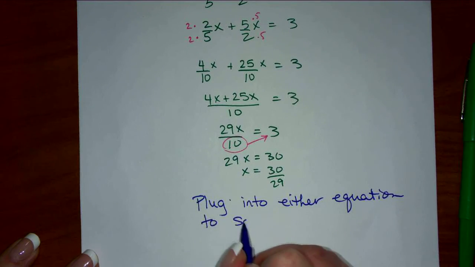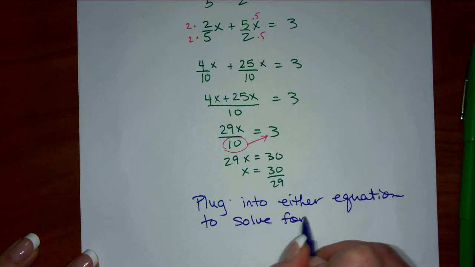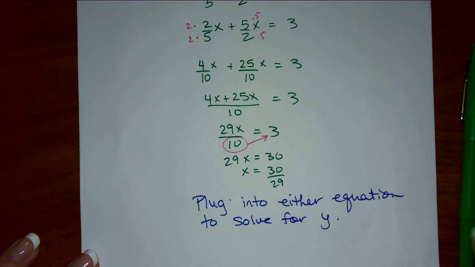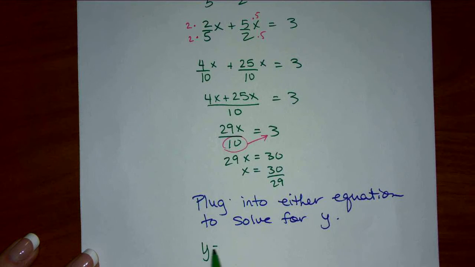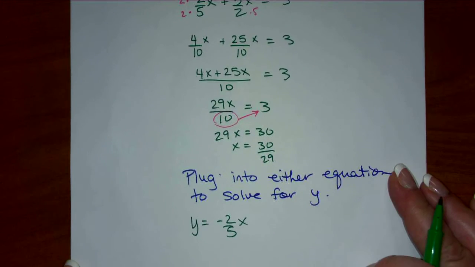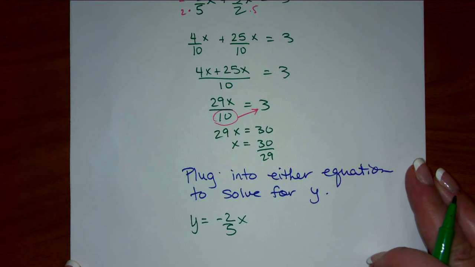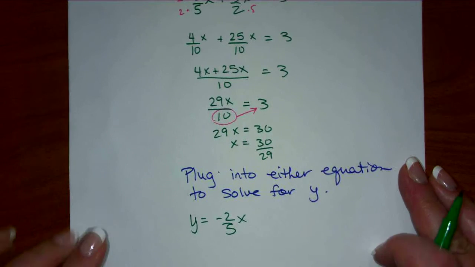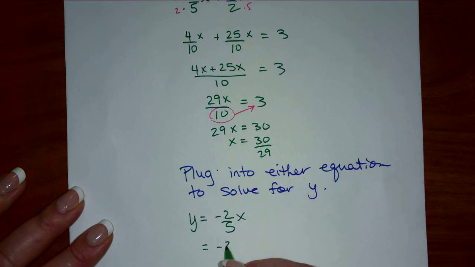Which equation is going to be easier to plug into? Just this one, because then we don't have that plus a number. We just put it in and we have our answer. We wouldn't need to do a common denominator. But both will give you the same answer. So 30 over 29. Not very nice.